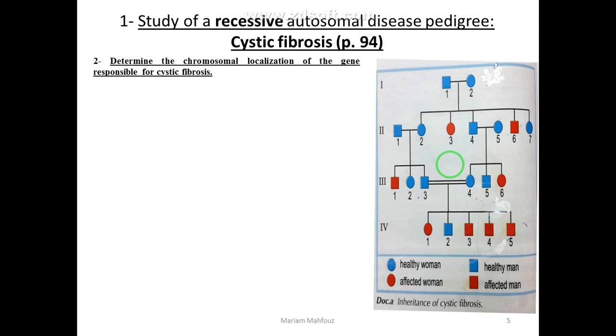The third is on both X and Y. So we have to eliminate all these possibilities in order to reach the determination of the chromosomal localization, which is on autosome. Let's see how to treat such a question.